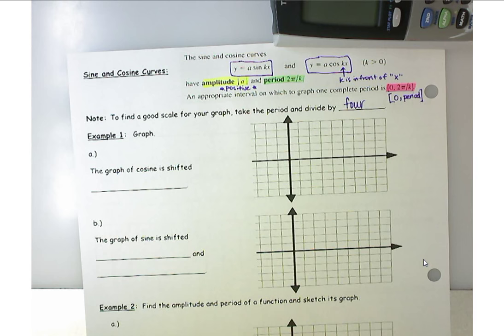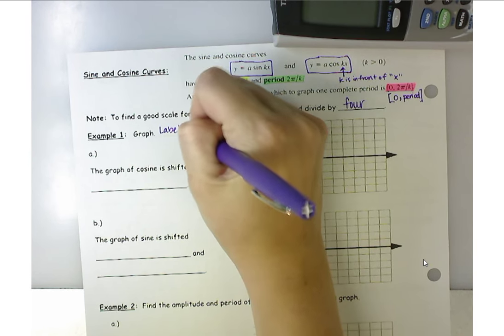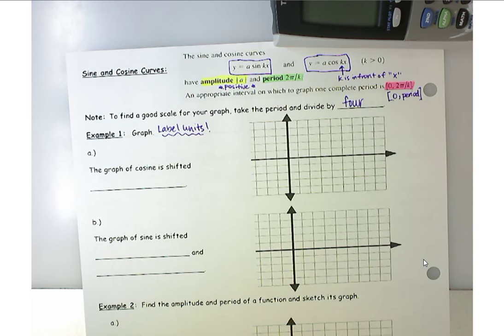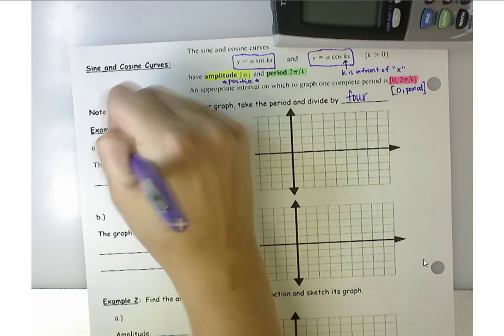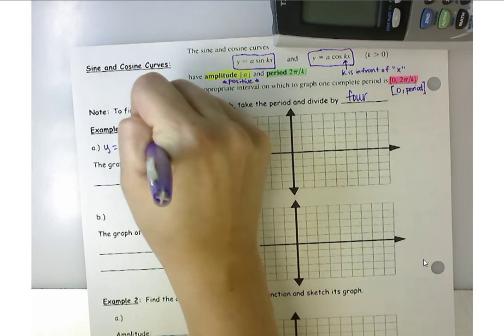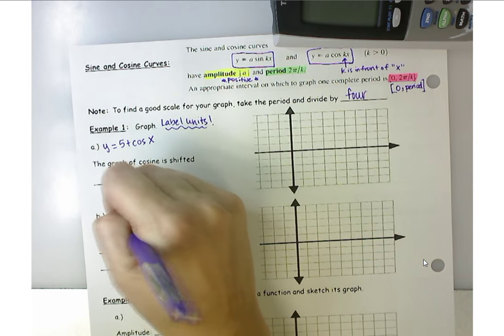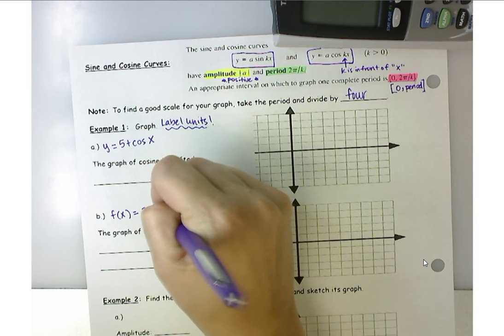When you graph, you're going to have to label your units, and there is a special way I want you to label your units. Okay, so before some of you who can work ahead, I want you to just pay attention to how we're labeling, and then feel free to go on from there, okay? So for A, we have y equals 5 plus the cosine of x. For B, we have f of x equals 3 plus 3 sine of x.